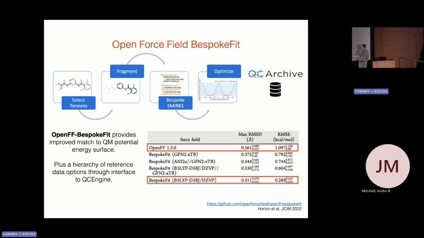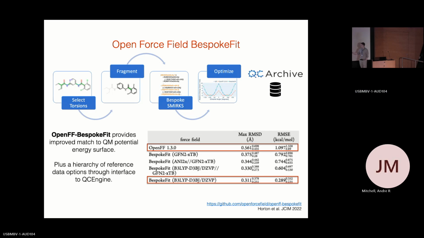As well as that, by interfacing with QCEngine, we've got access to a huge number of reference methods for generating reference data. So in this table, we're looking at a measure of how well the geometry matches quantum mechanics, and how well the energy matches quantum mechanics. So we've got the baseline force field at the top, and we've got our full-on quantum mechanical fit at the bottom.